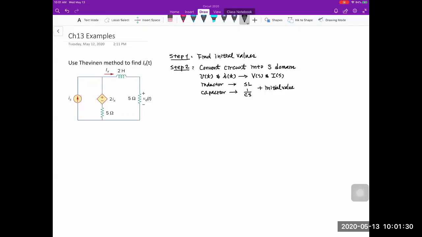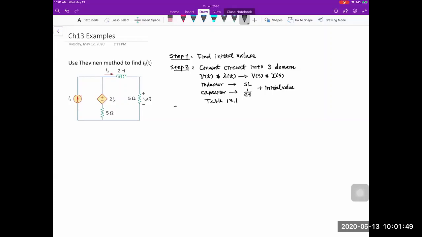And you look at Table 13.1. I suggest that during the exam, you want to have this table available, so you can look at the table and try to change your circuit into an S-domain circuit.